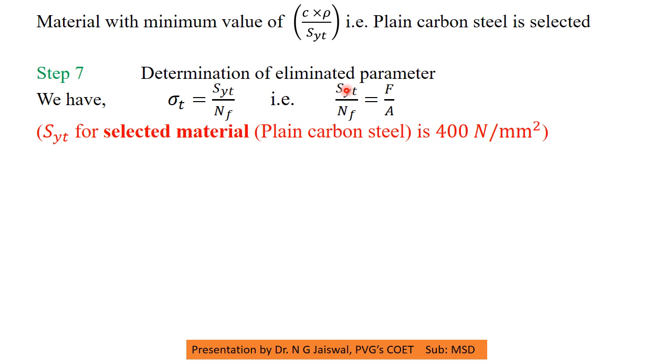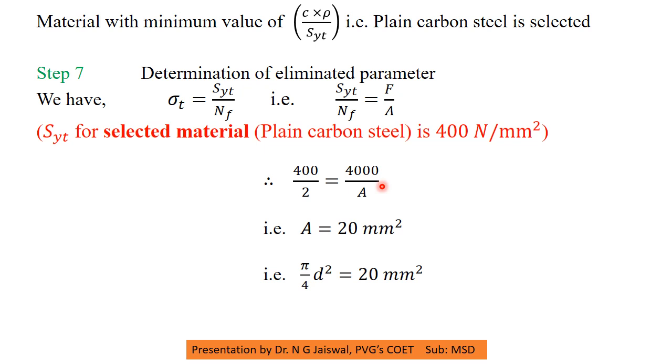Here I am putting in Newton per mm square because I want A in mm square. So it becomes 400 Newton per mm square divided by factor of safety 2 is equal to 4000 Newton divided by A. So A becomes unknown, you can find out the value of A, and therefore you can find out the value of D. Okay, right? So this is your solution.